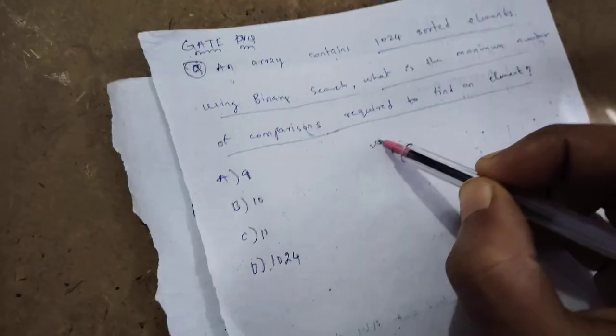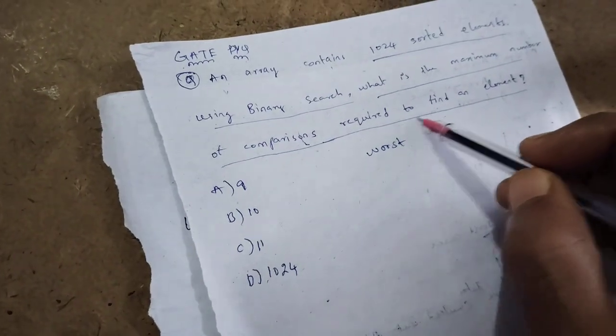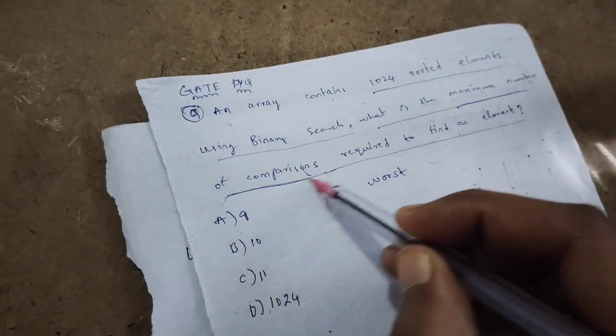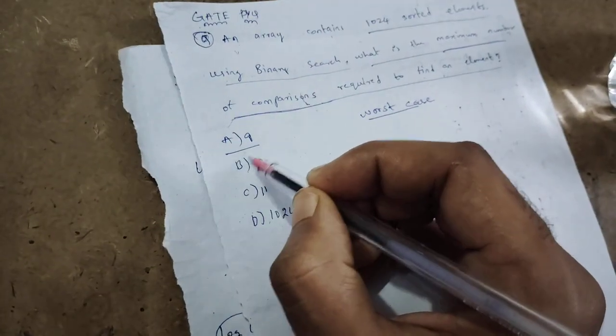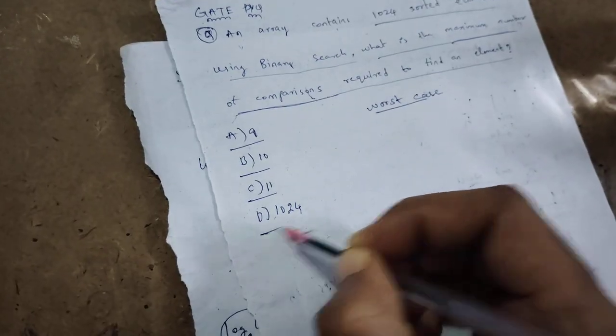Maximum number of comparisons means worst case. So option A 9, option B 10, option C 11, option D 1024.